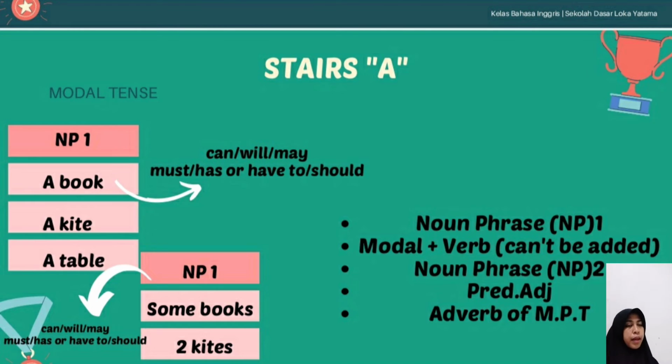Here is a table containing NP1, for example, a book, a card, a table, and table 2 is NP1, for example, some books, two cards, many tables. And this table's verb is can, will, may, must, has, or have to.